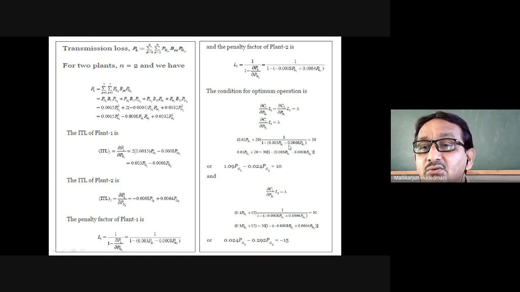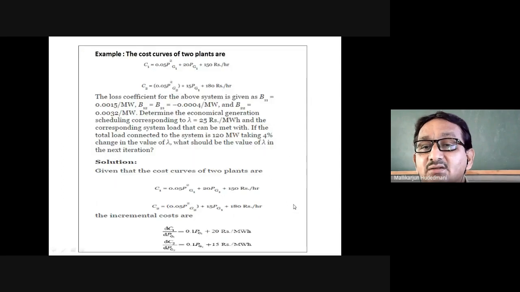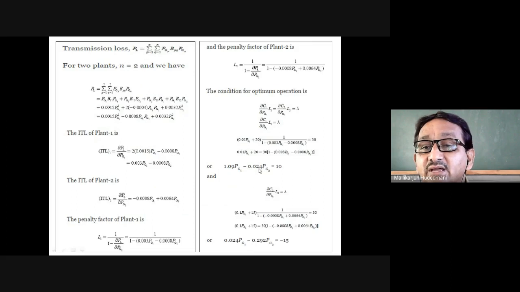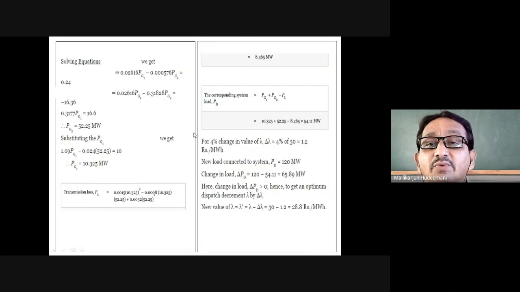When we equate it to system lambda, I will get the solutions. So what was the system lambda mentioned here? System lambda mentioned here is 25. So when I equate this equation, we get the second equation. We got two equations. On solving them, we get Pg1, Pg2. Then we get PL.